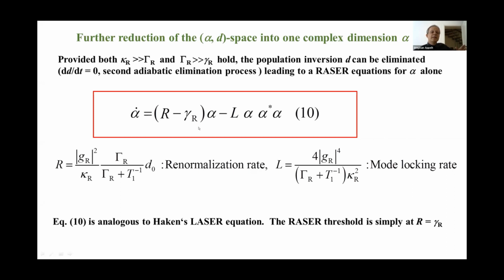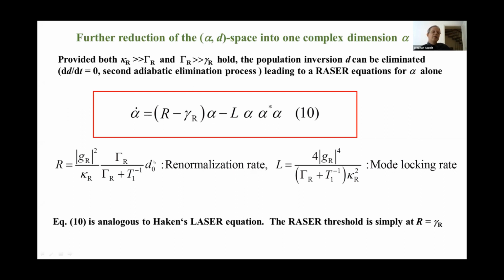It's simply this factor times alpha minus L times alpha to the power 3. It's a typical laser equation, which you find in many books, but now adapted to the RASER. The threshold is when this is larger than 0. So if R is larger than the transverse relaxation losses, then the RASER exponentially rises until the nonlinear term takes it back.